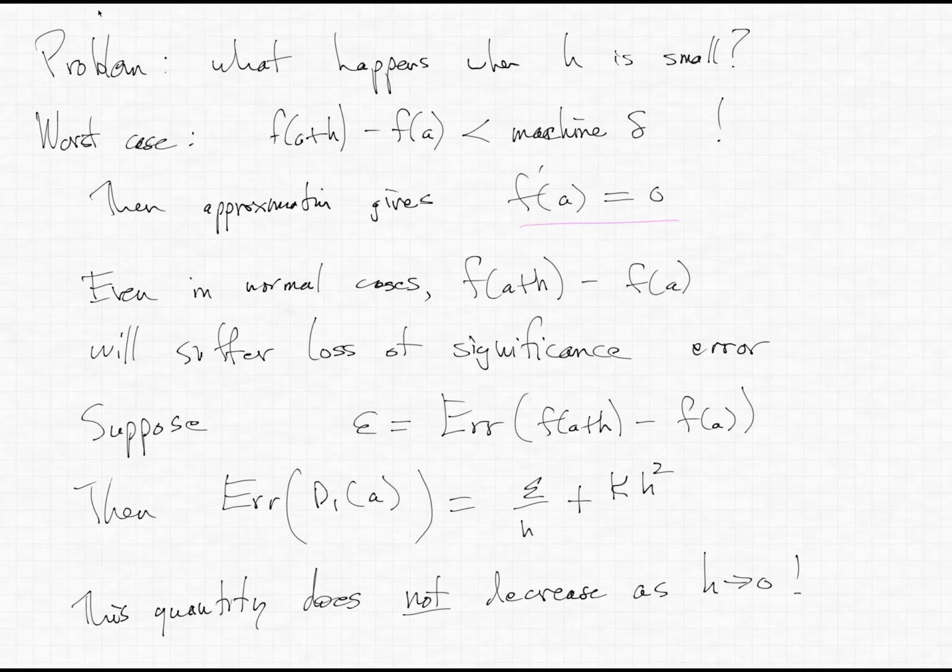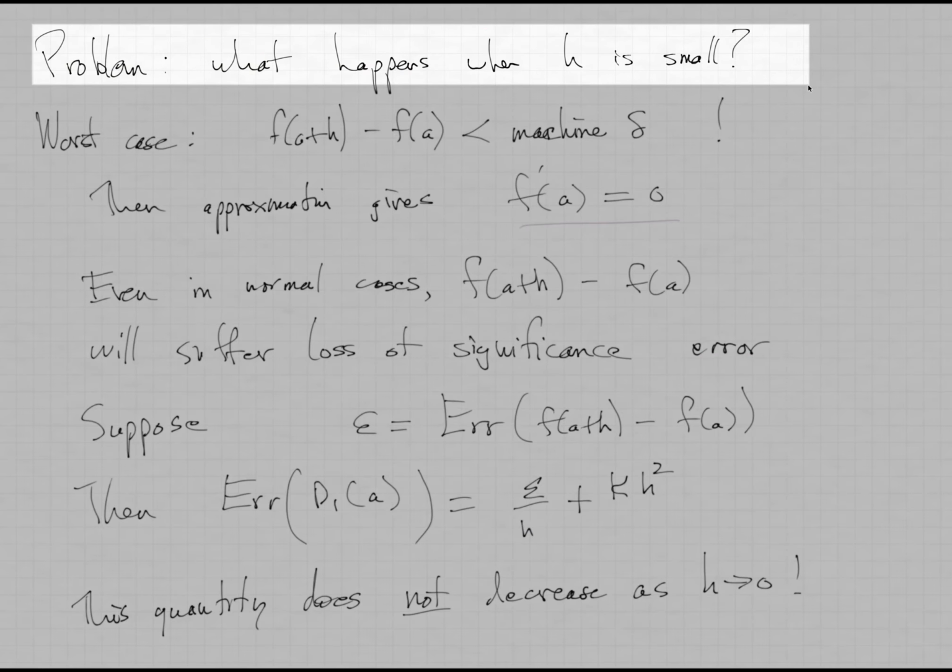The problem is that we're working on a computer. When h is very small, the difference between f of a plus h and f of a may itself be very small. And in the worst case scenario, the difference may be so small it's actually below the machine delta, right?